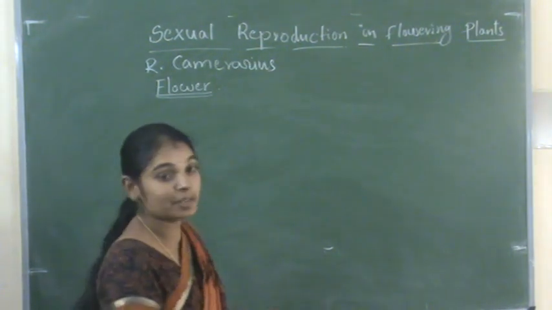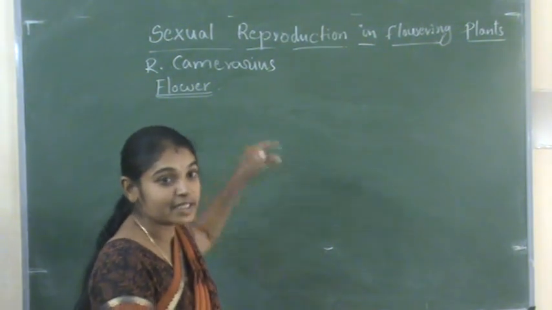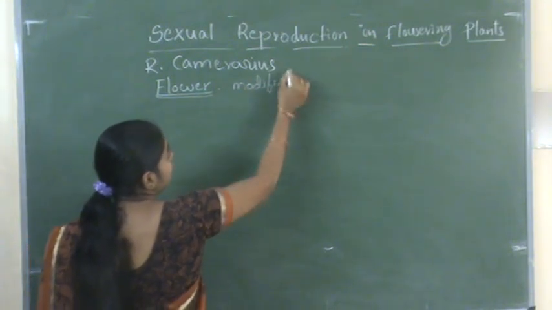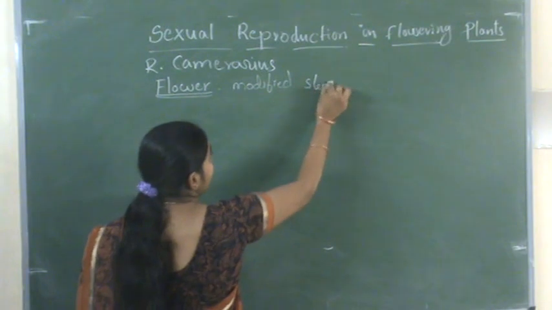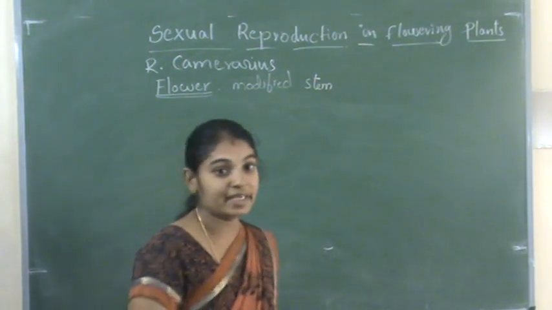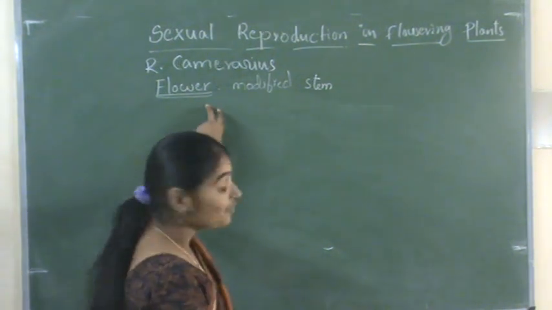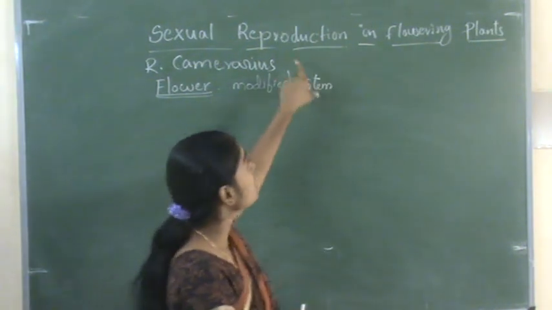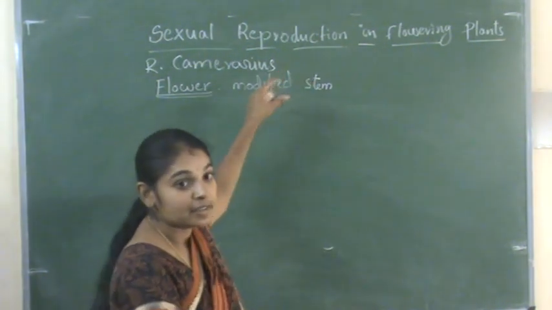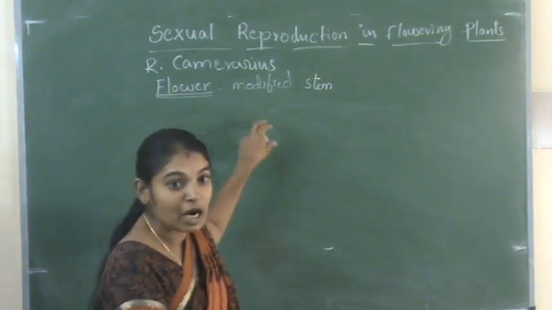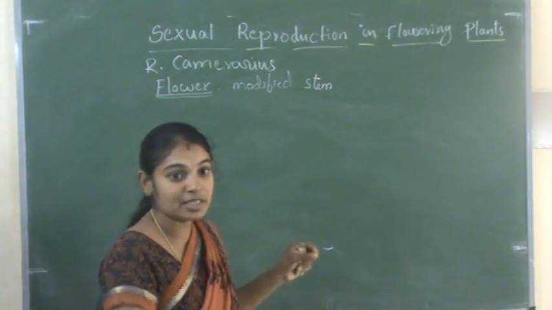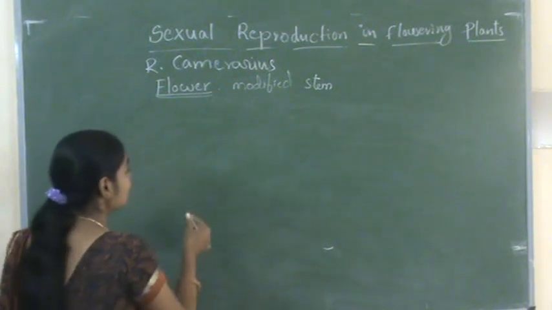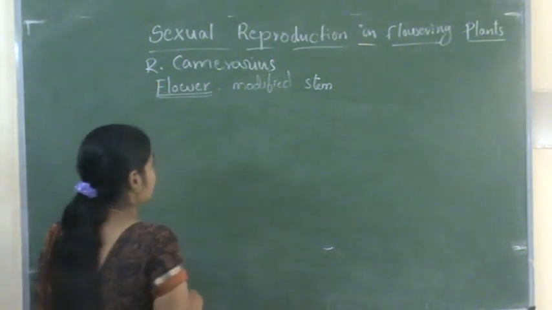And in previous chapters we learned about the flower. Flower is a modified stem. So that means stem is modified into flower. And this flower consists of different whorls or different parts which help in the sexual reproduction. All these sexual parts and essential and accessory parts of the flower are attached to a swollen base, and that swollen base is called thalamus.